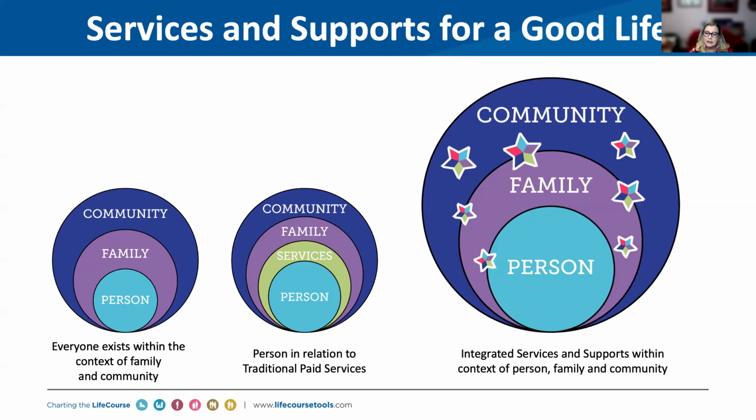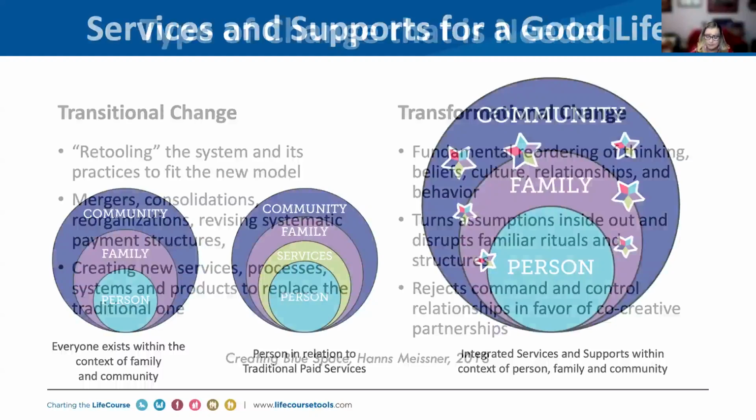So on the right, you see that we have the person, again, in the context of family and community, but you see stars all around, whether it's just the person, maybe they're with their family, they're out in the community, and those stars represent lots of different kinds of supports, which we will get into later in the webinar. So what we want to get to is that everyone can access those type of supports, whether or not you receive paid services or not.